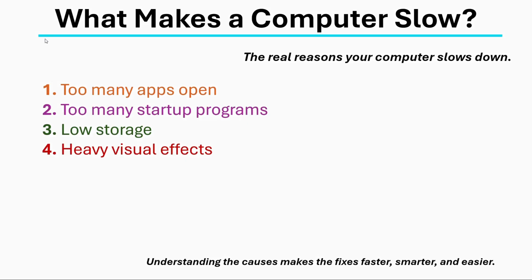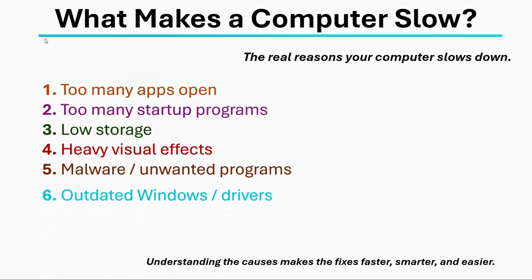Number five, malware or unwanted programs. These act like troublemakers moving around the town secretly, using resources and slowing everything down. Number six, outdated Windows or drivers. When the rules of the town are old, the chief, your CPU, makes slower decisions.